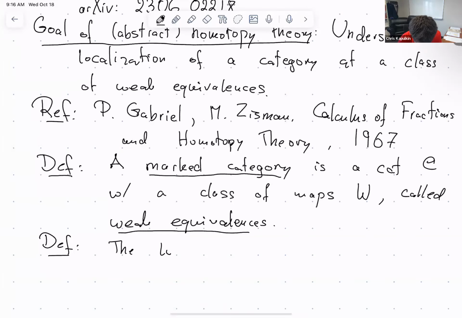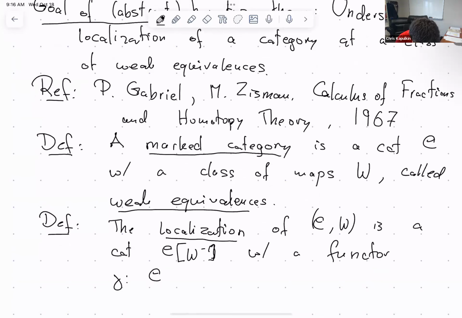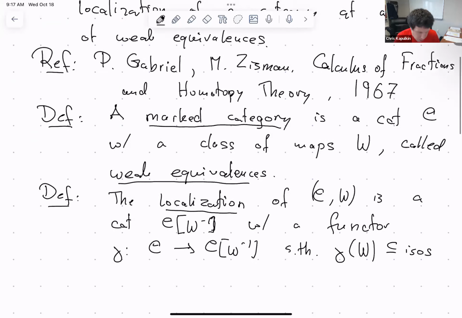So the localization, also known as the homotopy category of C, is a category C[W^{-1}] with a functor gamma from C to C[W^{-1}] such that gamma takes all the weak equivalences to isomorphisms, and it's the universal functor with that property.